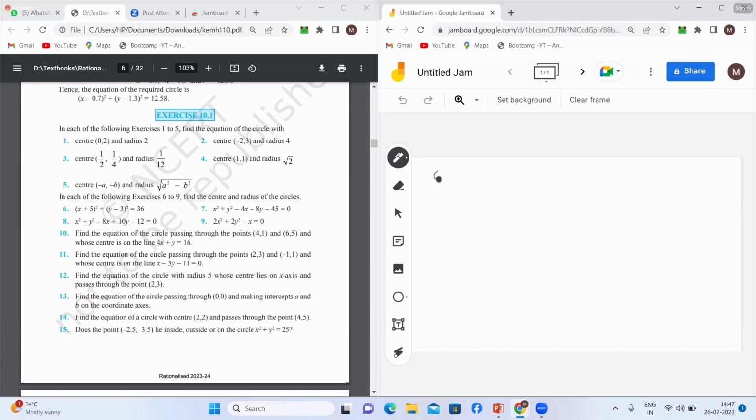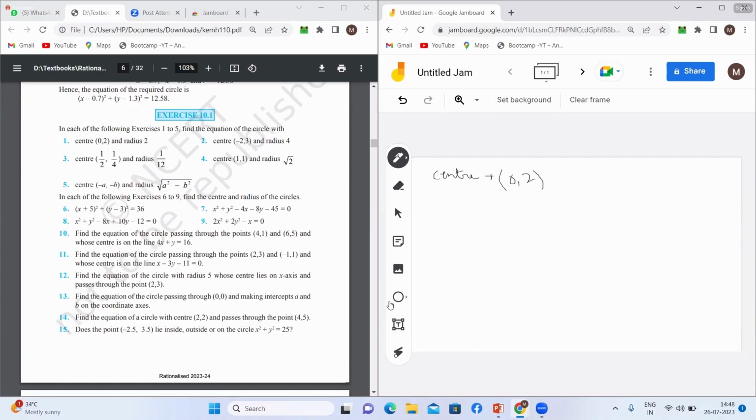The center is given as 0, 2, and the radius is 2. So we have to calculate the equation of the circle.